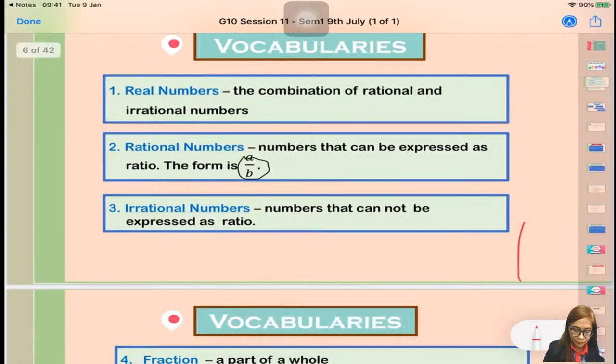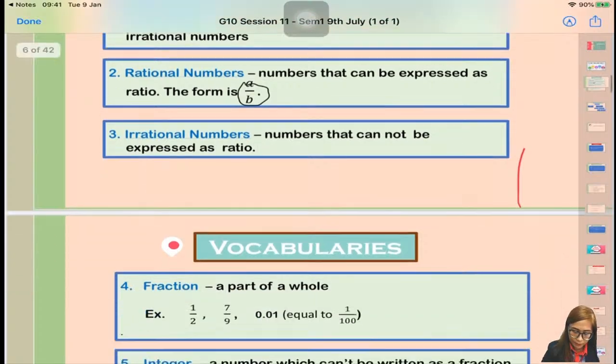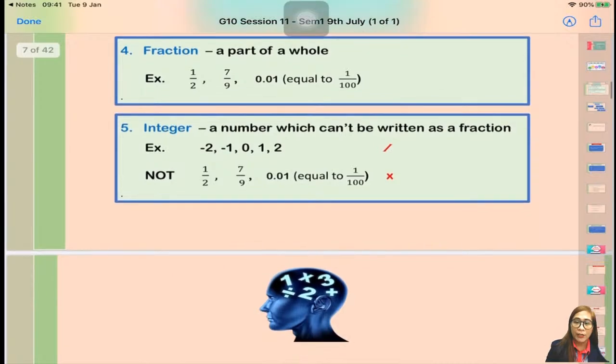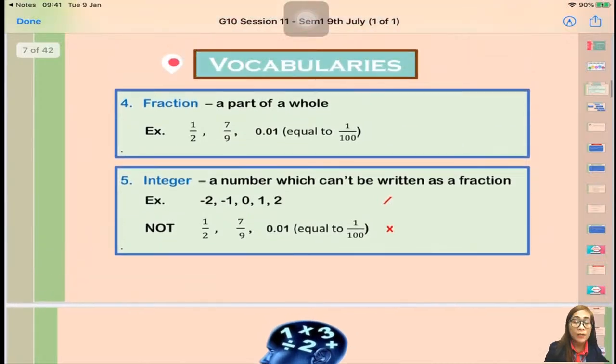For the next one, we'll have fraction. What is a fraction? A fraction is a part of a whole. Example, 1/2, 7 over 9, 0.01. And what is an integer? An integer is a number which cannot be written as a fraction.